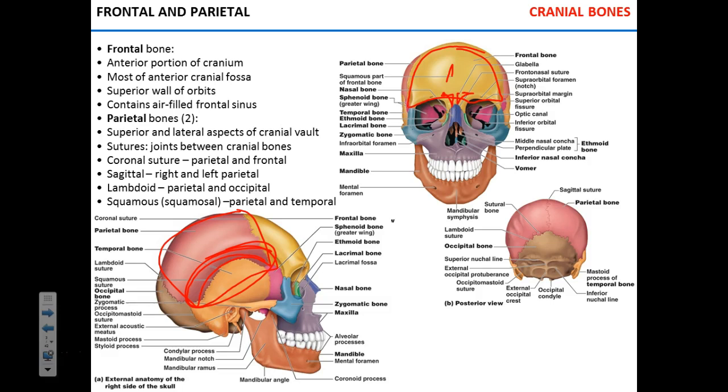Those bones are called sutural bones. They belong to the class of sesamoid bones. Okay? Does that make sense?